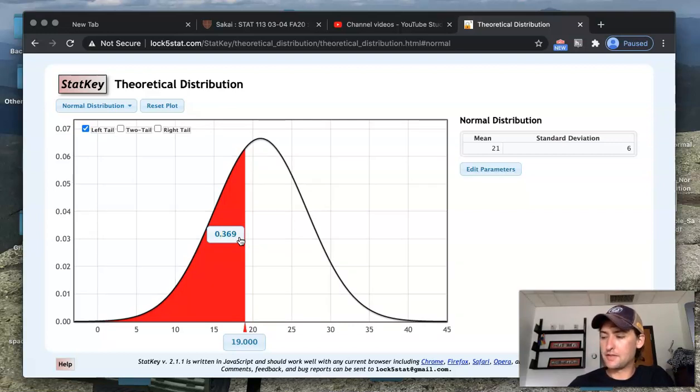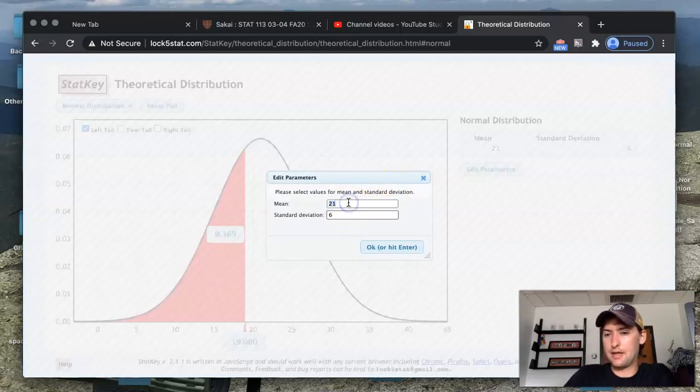All right, similarly, moving on to page 6 of our note packet, we had made a couple of other guesses. The first one was with this baby weight example. So I'm going to go ahead and edit these parameters. The mean baby weight was 7 with a standard deviation of 2.